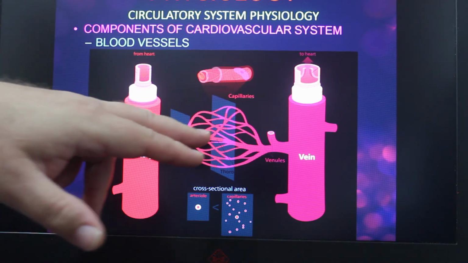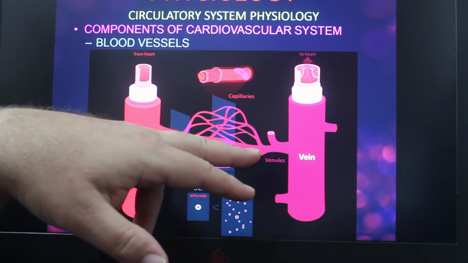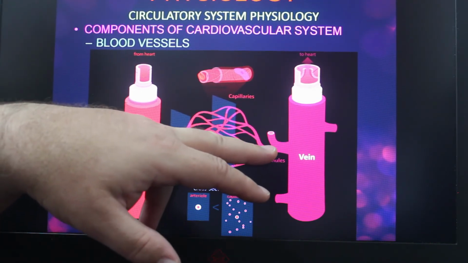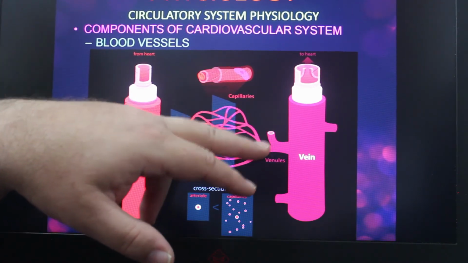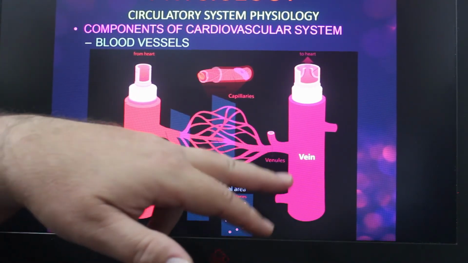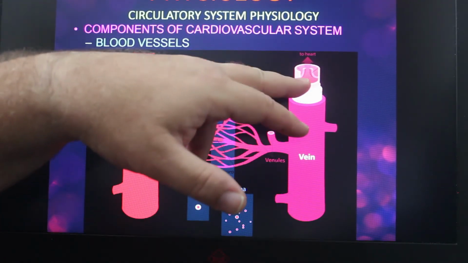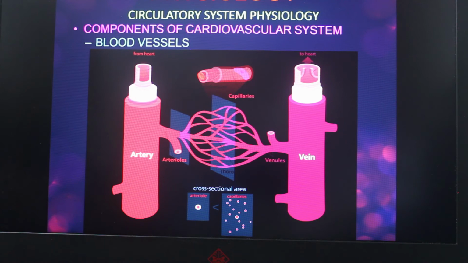And then the capillaries collect together to form smaller veins called the venules, and the venules come together to form the veins, and the veins carry the blood to the heart, to the right heart, for another circulation.